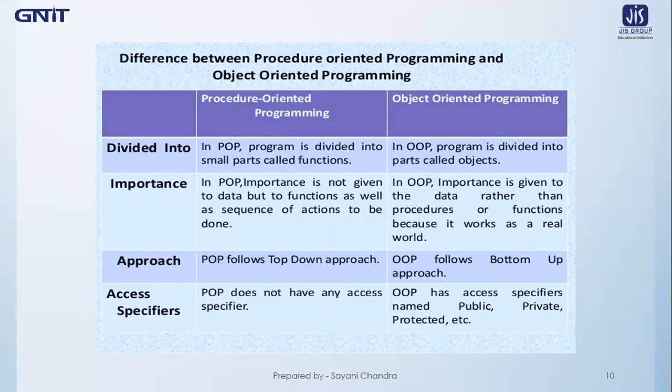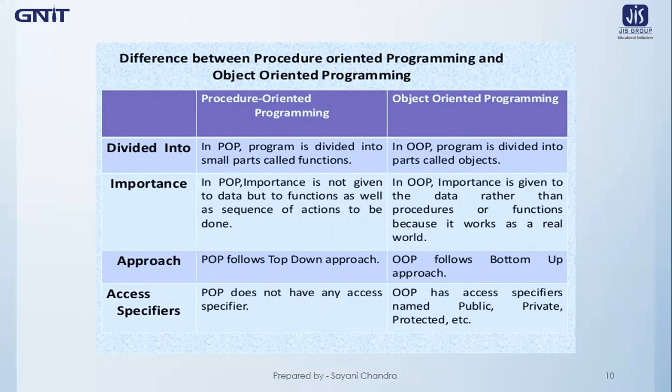That's why the name procedure oriented programming. And in object-oriented programming, the program is divided into parts which are known as objects. That means a big program is divided into small parts or objects. So this is one of the main differences between both the languages or both the programming techniques.